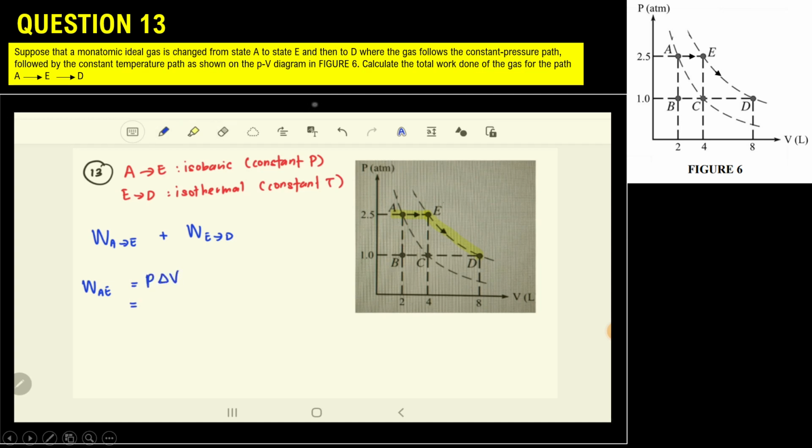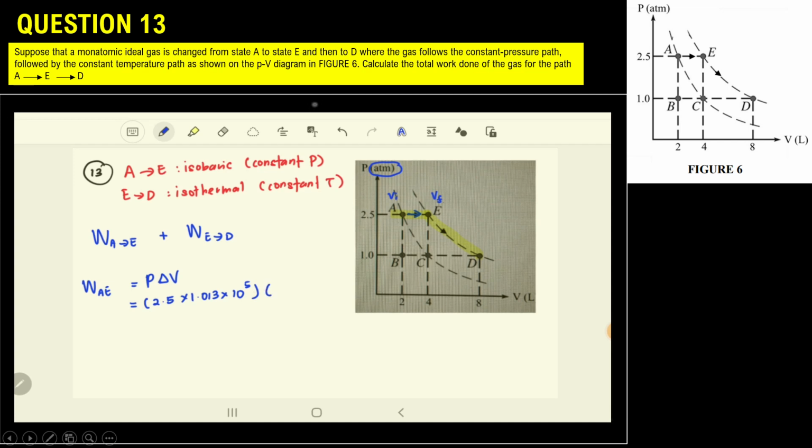Before we start the calculation, look here. The unit for the pressure is atm, so make sure you change it to the Pascal unit. We have 2.5 atm, so it should be 2.5 times 1.013 times 10 power of 5. And V final minus V initial. Look at the arrow; the arrow is in this direction, which means here is V final and here is V initial.